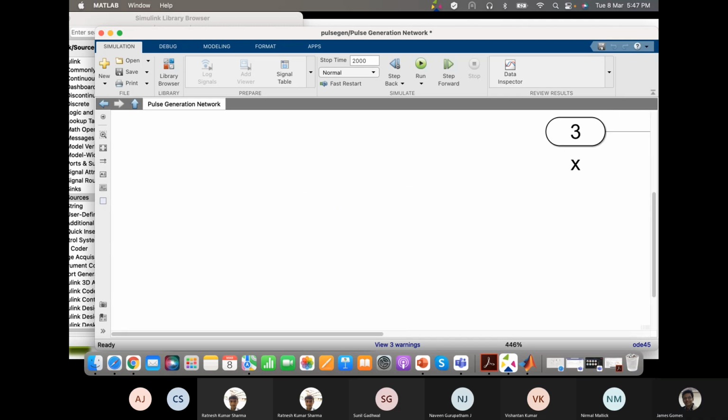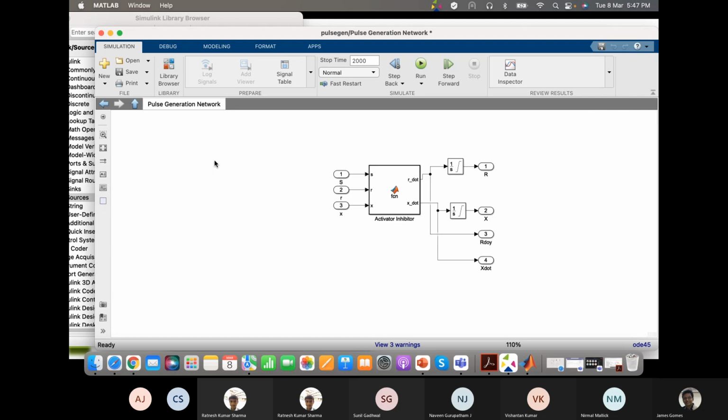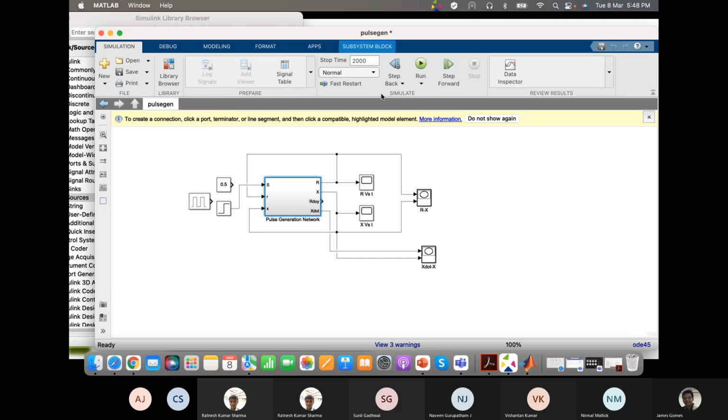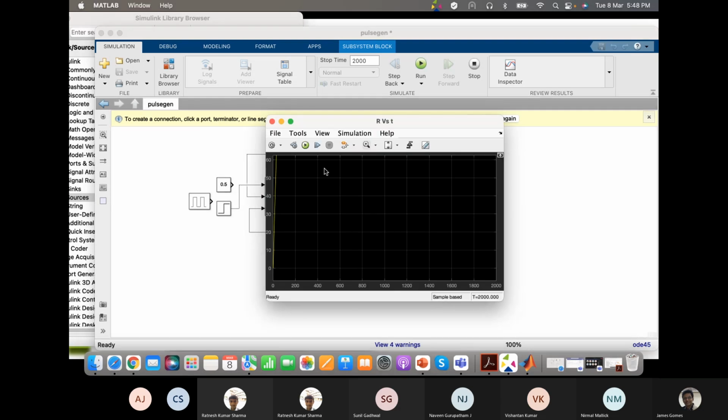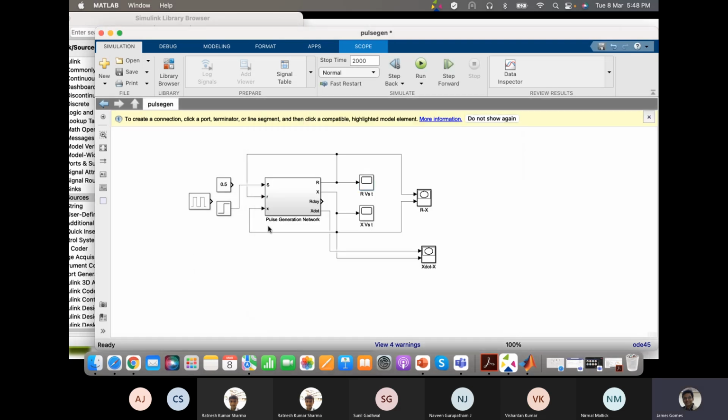What am I doing here? This is also not doing that. I have to check why it's not doing that.